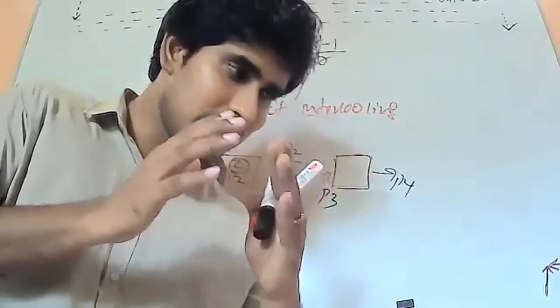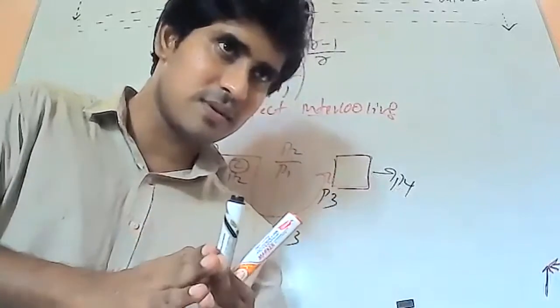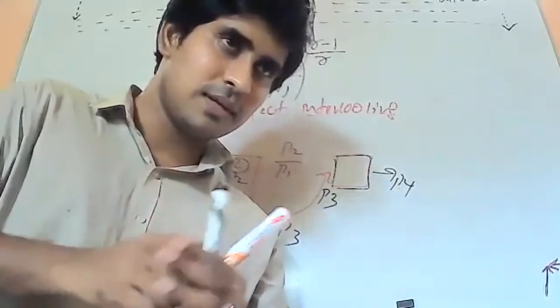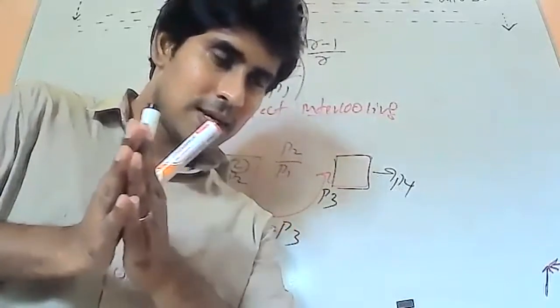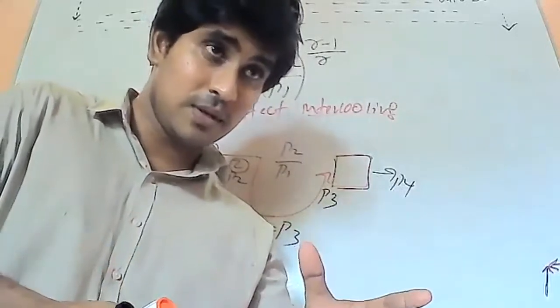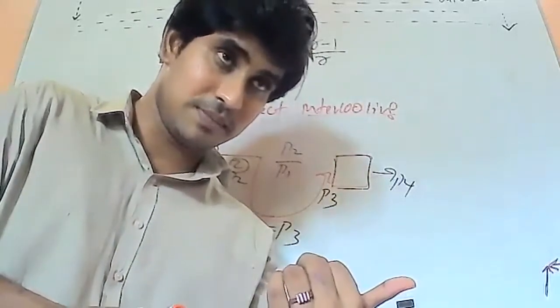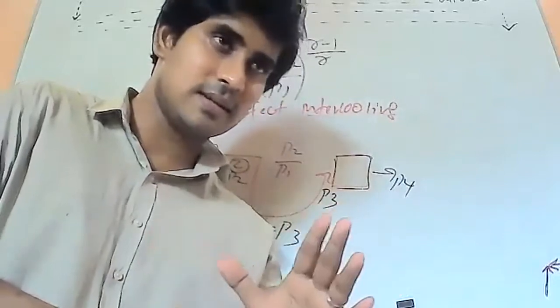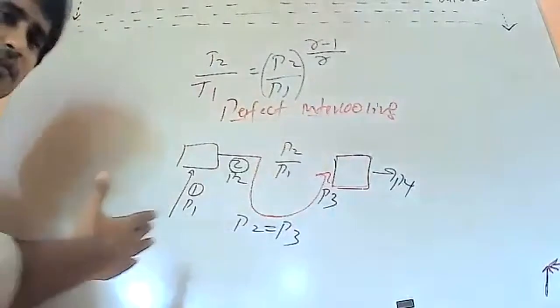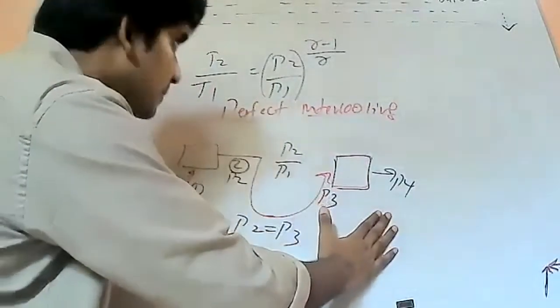The multiplication of the pressure ratio of output pressure and input pressure of each of the compressors is considered as the overall compression ratio. Now you understand the scenario.